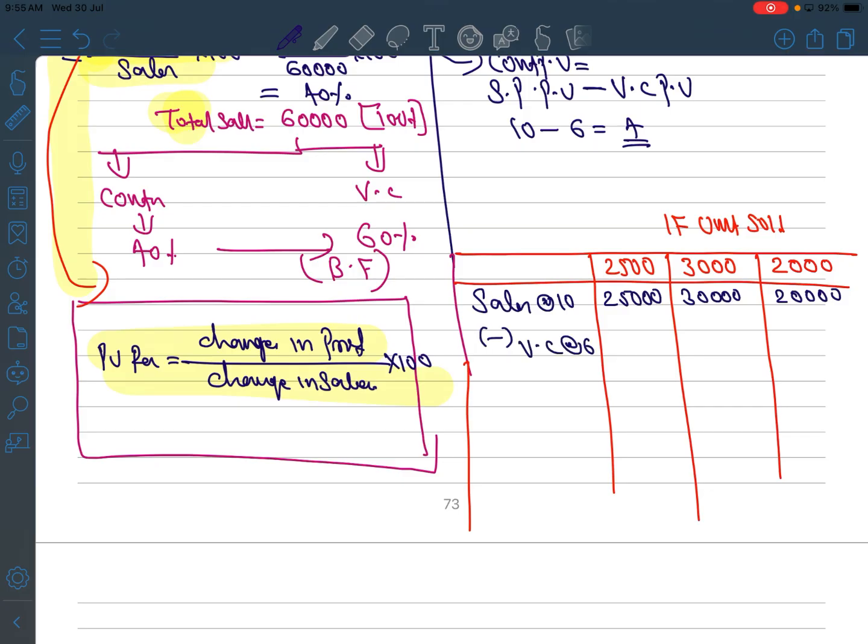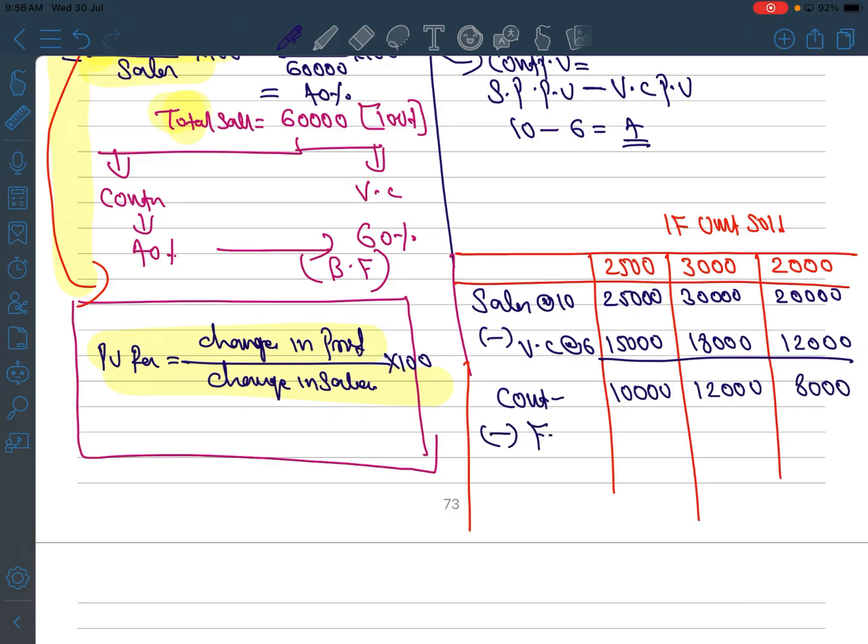Just calculate and give me. 15,000. Then 3,000 into 6, 18,000. Then 2,000 into 6, 12,000. So contribution here will be 10,000, here 12,000, here 8,000.